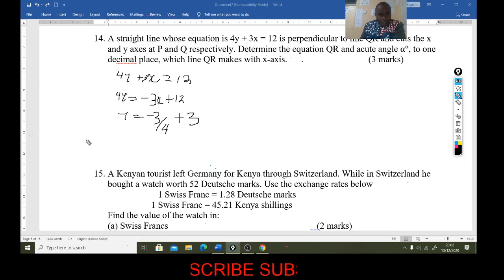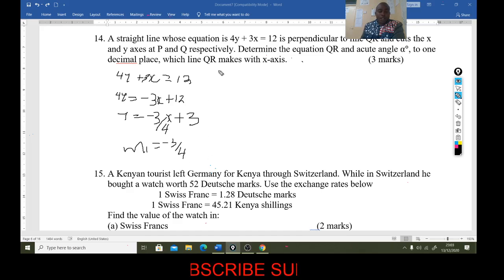So this is the equation, and there is an x here. From here, the gradient is what? So m1 equals negative 3 over 4.